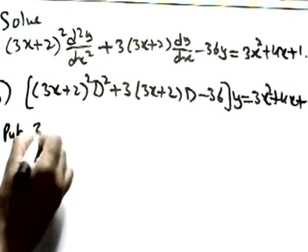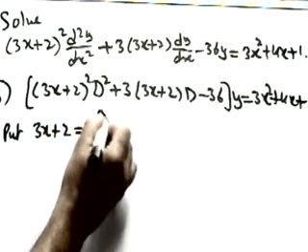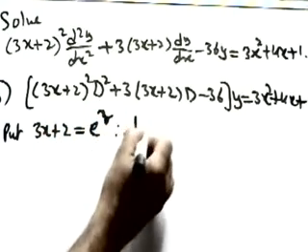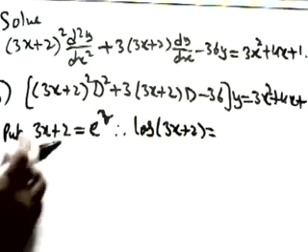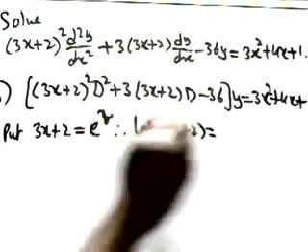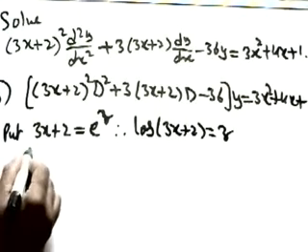Now next step, what is the method we have? Put 3x plus 2 equals e power z. Therefore, if you apply log here, log of 3x plus 2 will become z. So we got the value of z, and 3x plus 2 we suppose is e power z.